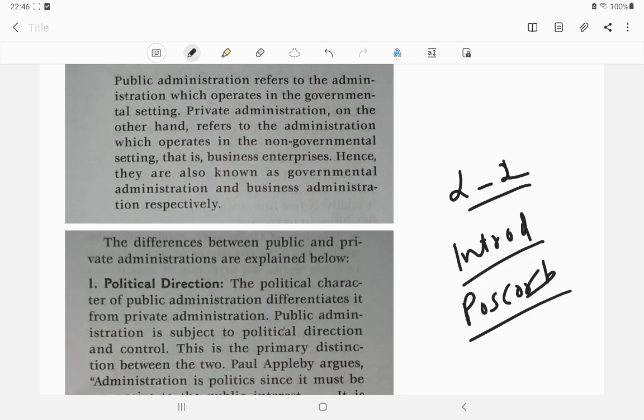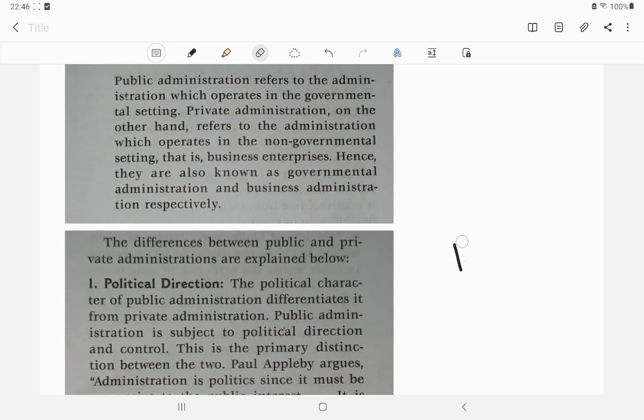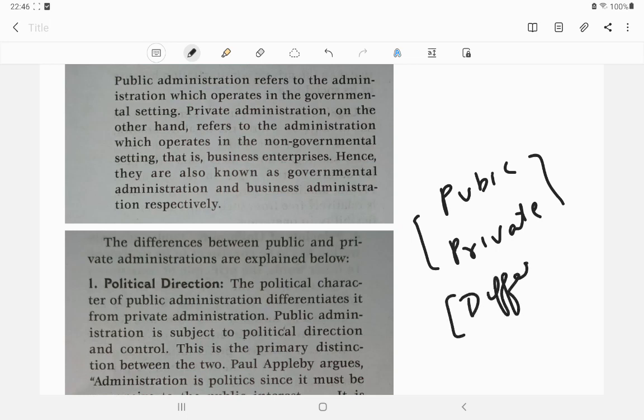So today is lesson 2 and in this class I'll be explaining you about public and private administration. Public or private administration differences ki ase duti da aro similarity.